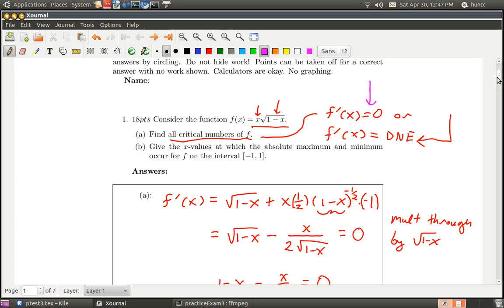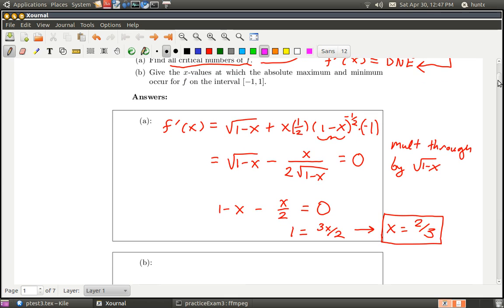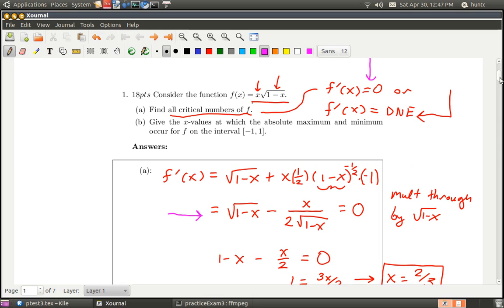So we should ask ourselves, is there any value of x for which f prime of x is undefined? Just looking at this version of f prime of x, you can see that if you put in 1, you're going to get a 0 in the denominator here, and that is undefined, right? So if 1 is in the domain of the function, then 1 is also going to be a critical point.